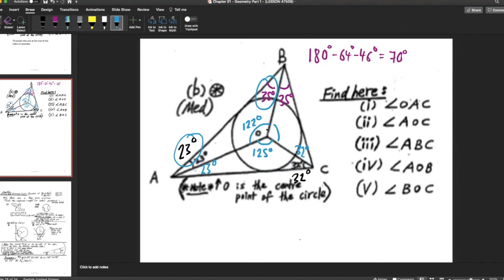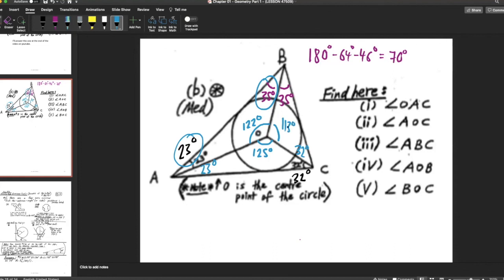I'll use the 360-degree rule. The angles I'm circling here must total 360 degrees, so if you subtract 122 and 125 from 360, you get 113 degrees.